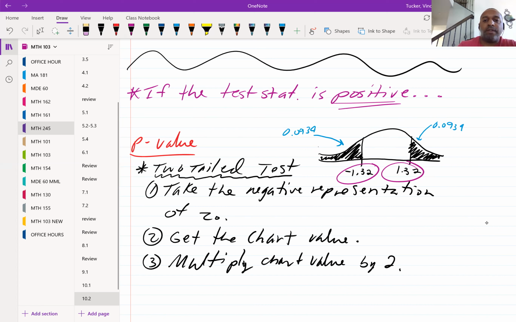So if the test statistic is positive, in other words, Z0 is your test statistic, if that's positive, take the negative representation of it. So in other words, if we had 1.32, take negative 1.32 and get that chart value, then multiply that chart value by 2.